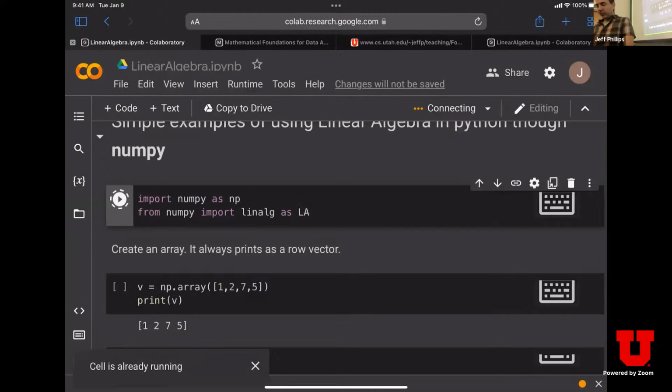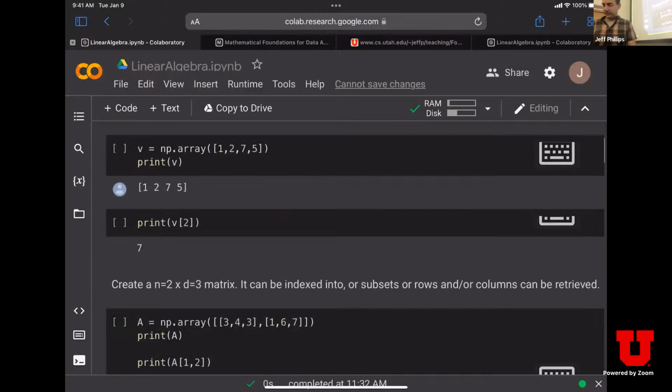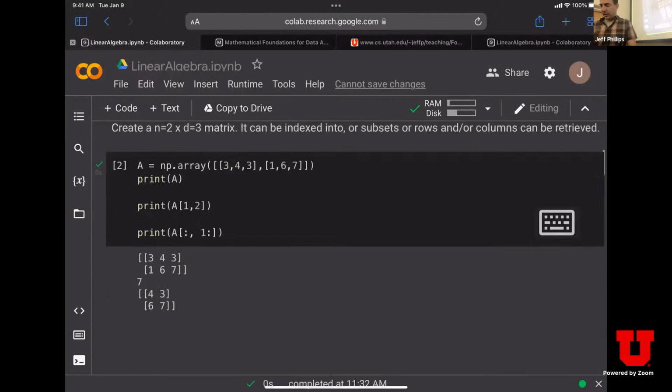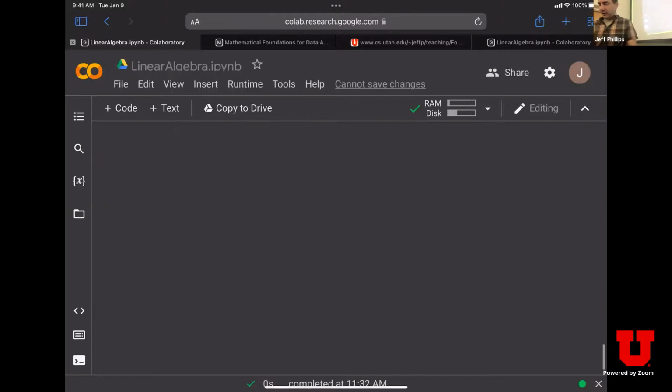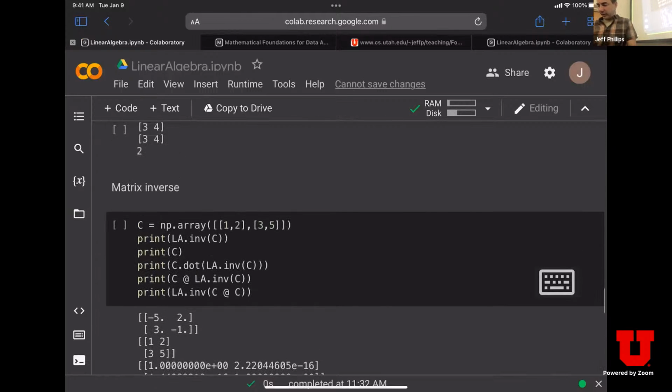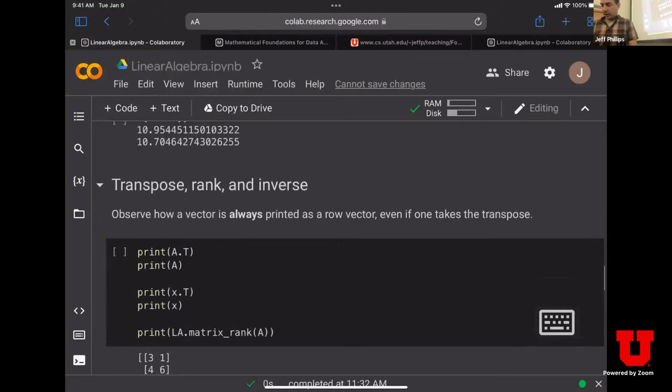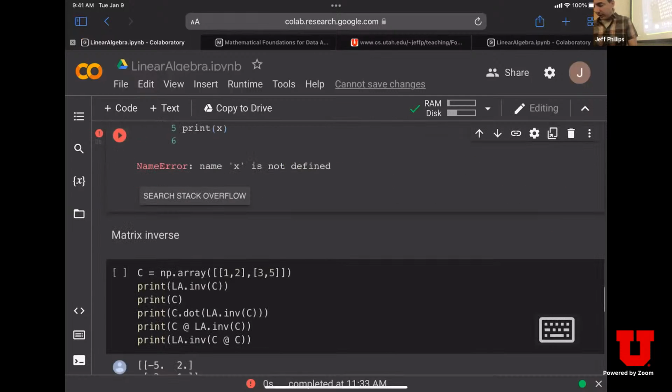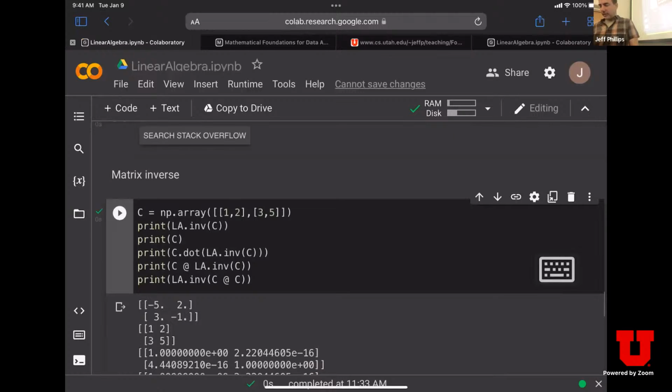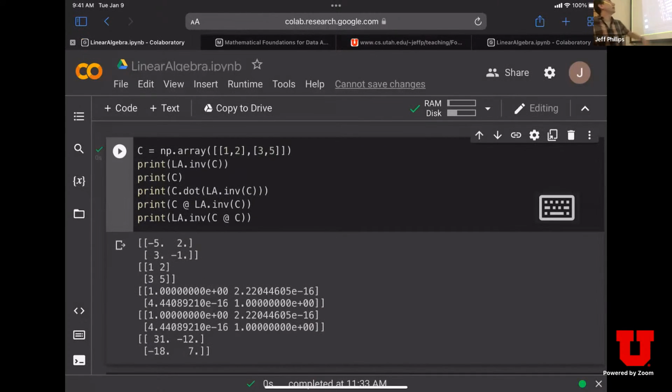You can compute all of these things very simply. Well, there are some things that will be trickier, and we'll see how to do those later. We did the transpose already, but if I want the inverse of C, I use the linear algebra package's inverse function.